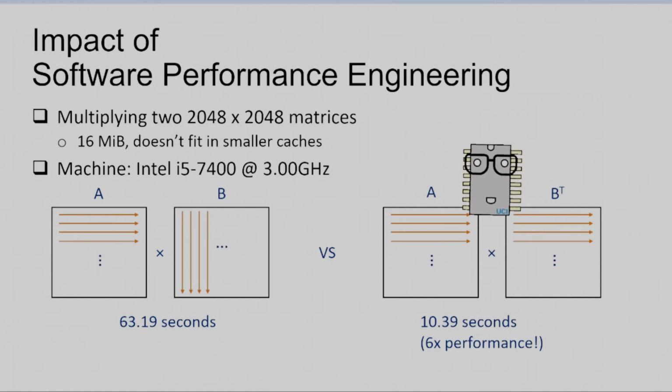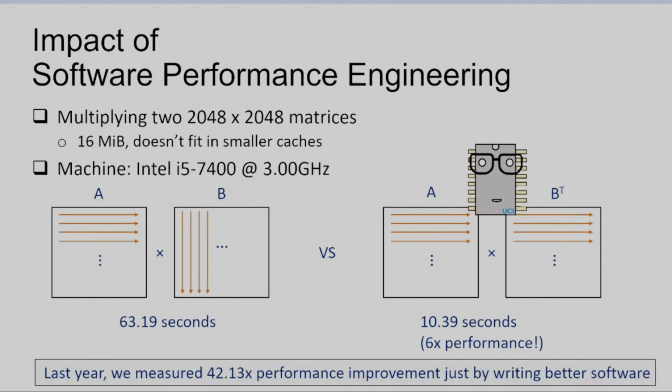And at last year's lecture, actually last time I gave this lab, we measured 42x performance improvement on a single thread implementation of matrix-matrix multiply just by writing better software.